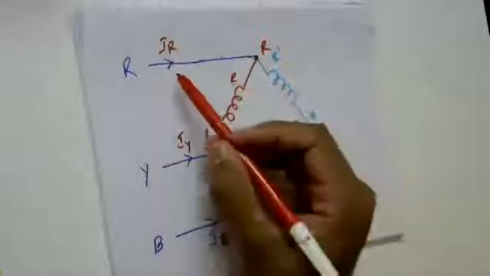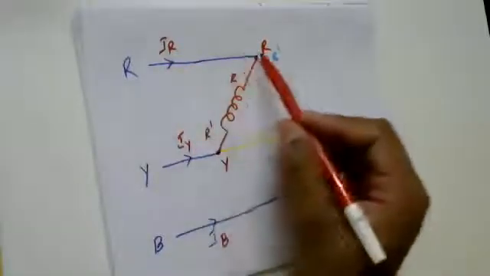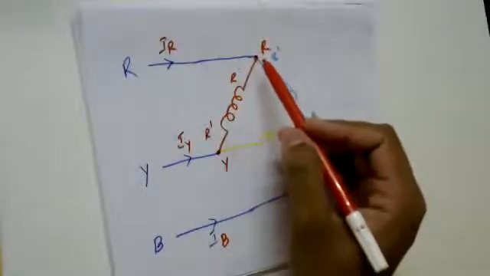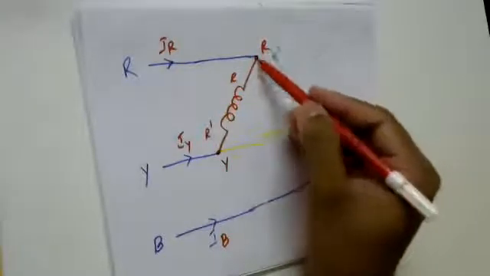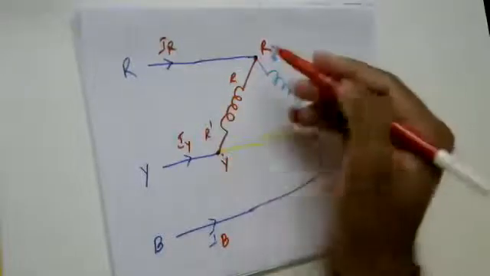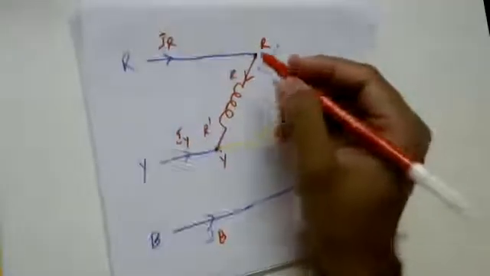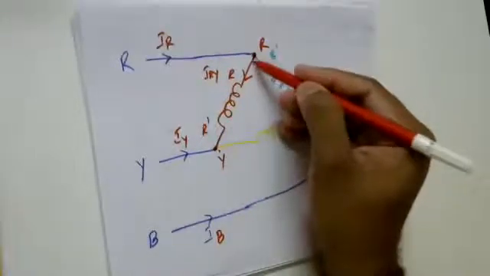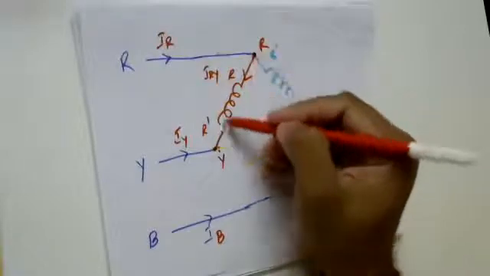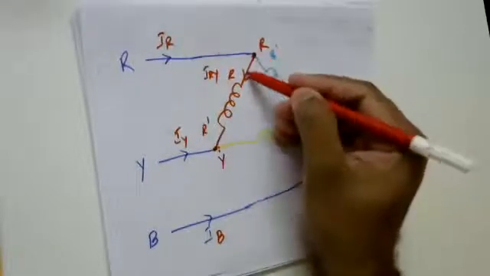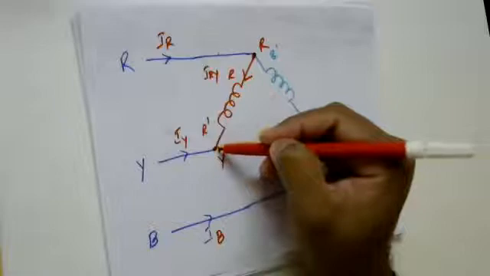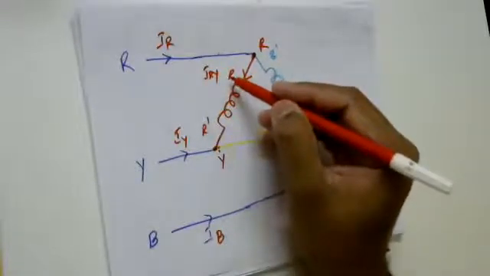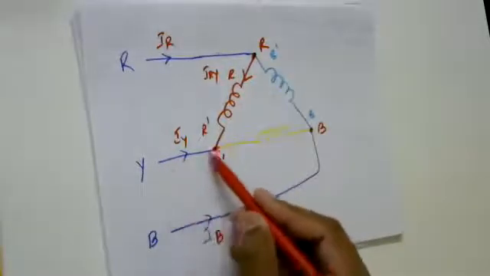Now this IR, when it enters this terminal, is going to flow from R to Y, right? Since this current is flowing from the R terminal to the Y terminal, it is said to be IRY. Then this is your IY.